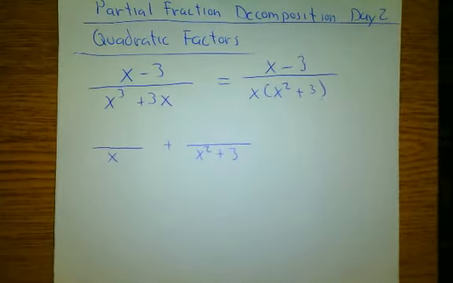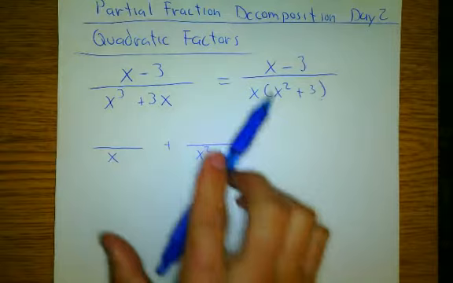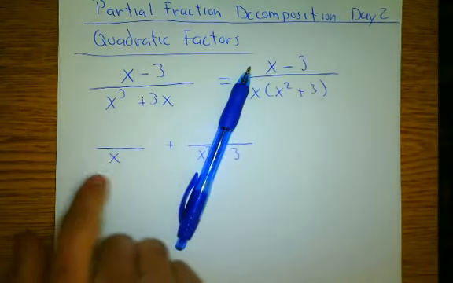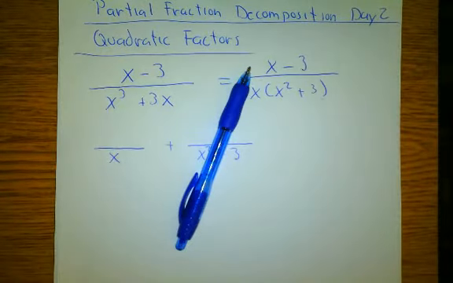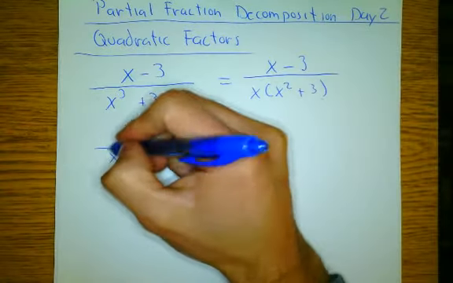Okay? Now, forget this one with the x squared plus 3 for the moment. The second step is exactly the same as the first case that we talked about last class. There needs to be something on top, right? And we just kept using letters in alphabetical order. So I am just going to say A over x.